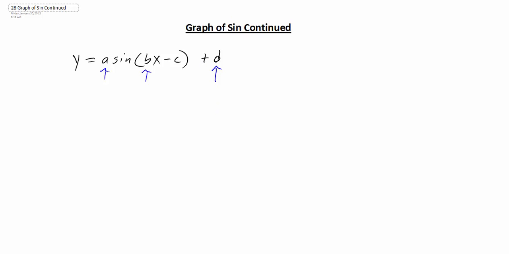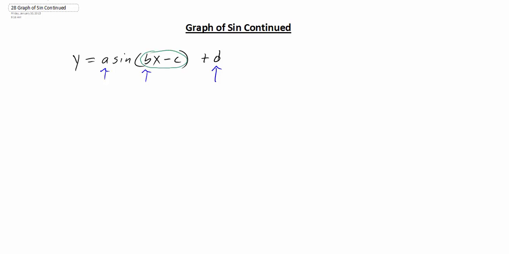If it's positive, it goes up. If it's negative, it goes down. Now we want to look at what effect this whole bx minus c is having on the graph, and that's going to cause what's referred to as our phase shift, and that's going to start moving the graph to the left or to the right.